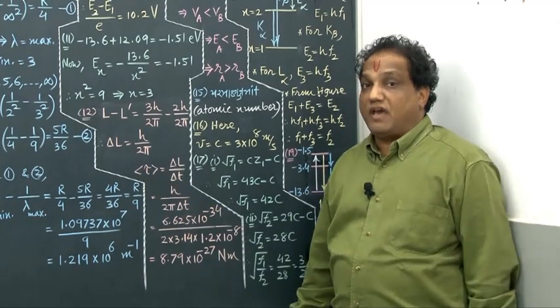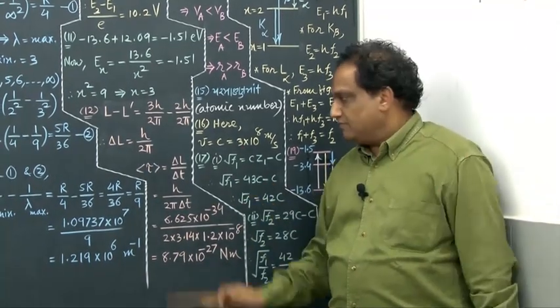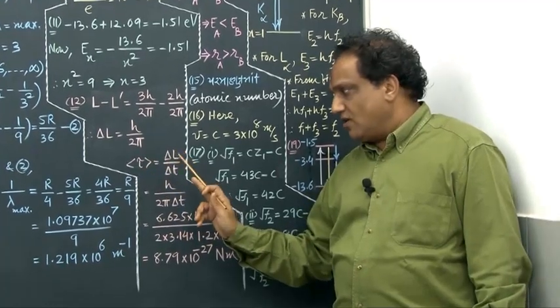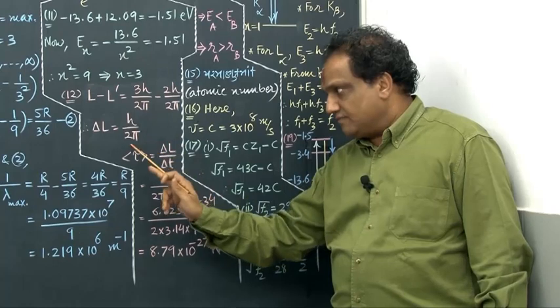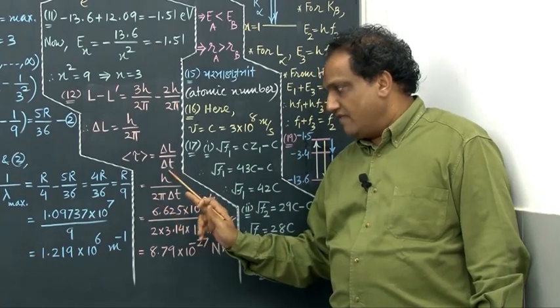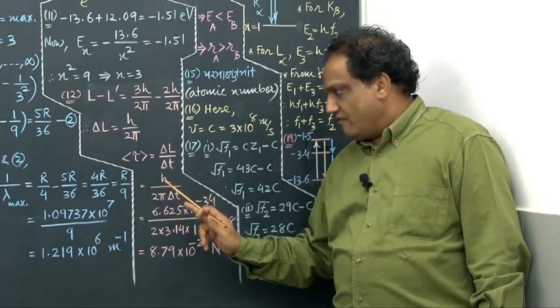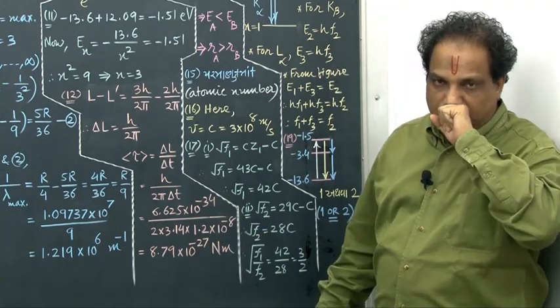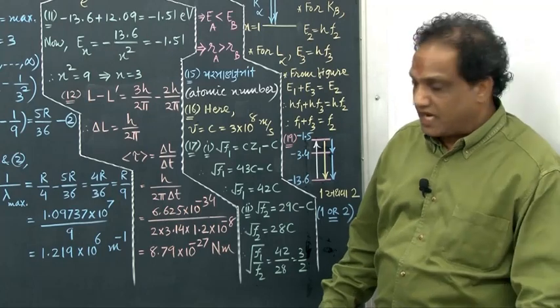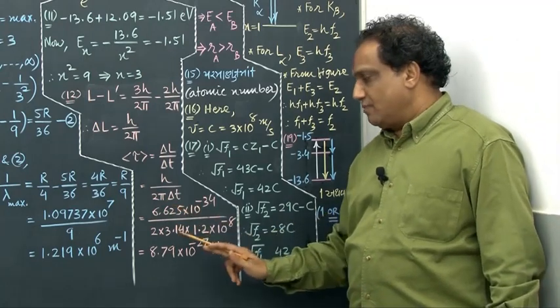What is the corresponding average torque which we have to find? Average torque is change in angular momentum divided by time. The change in angular momentum is h upon 2 pi, divided by the corresponding time interval. The value of h, Planck's constant, everybody knows: 6.625 into 10 raised to minus 34 joule second, upon 2 into pi, which is 3.14.